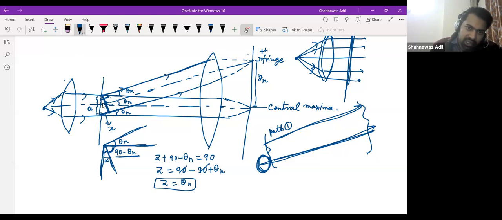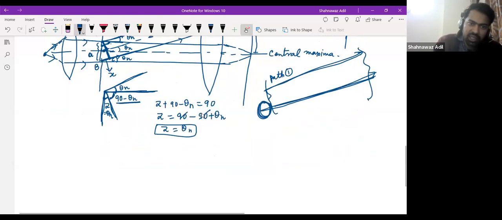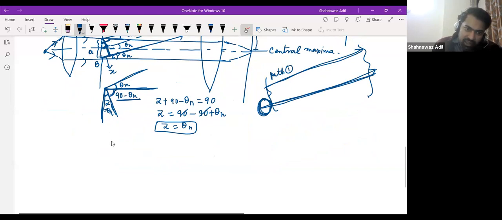So if I zoom this, let me name this as A, B, and C. This z is this angle, and this would be theta n, right? So if I write that triangle here, this is theta n. That is what we have found here. You can see that this distance is A, right?